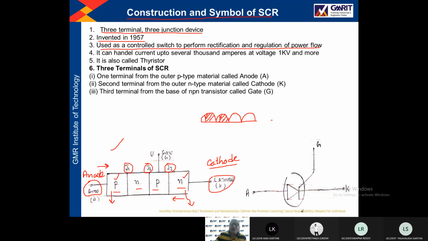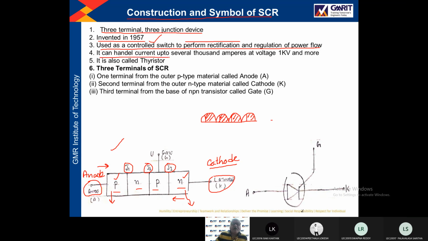You can get output only in this shaded area. So this can be done by using SCR. It performs controlled rectification, right? You can control the firing angle. When you want to fire your SCR, only at that time you will get the output.